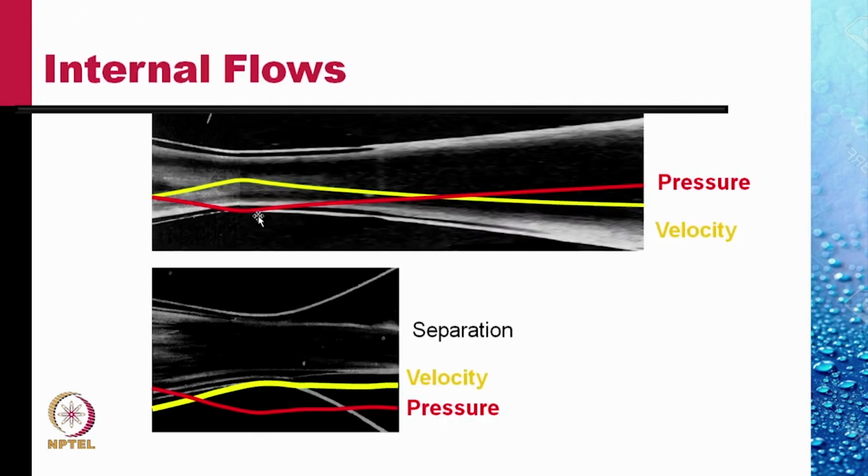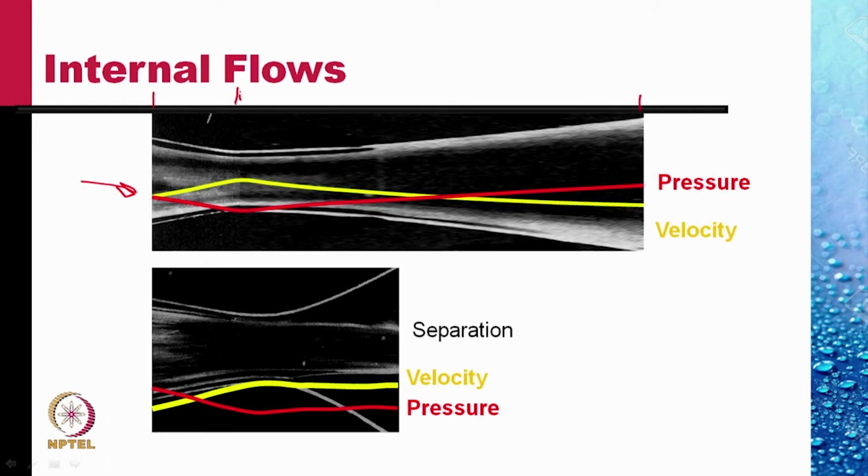There is another property of internal flows that we want to discuss. Consider the first picture. Here we have flow in a converging diverging pipe. The length of the converging portion is much smaller than length of the diverging portion. Let's assume the fluid is water, an incompressible fluid.